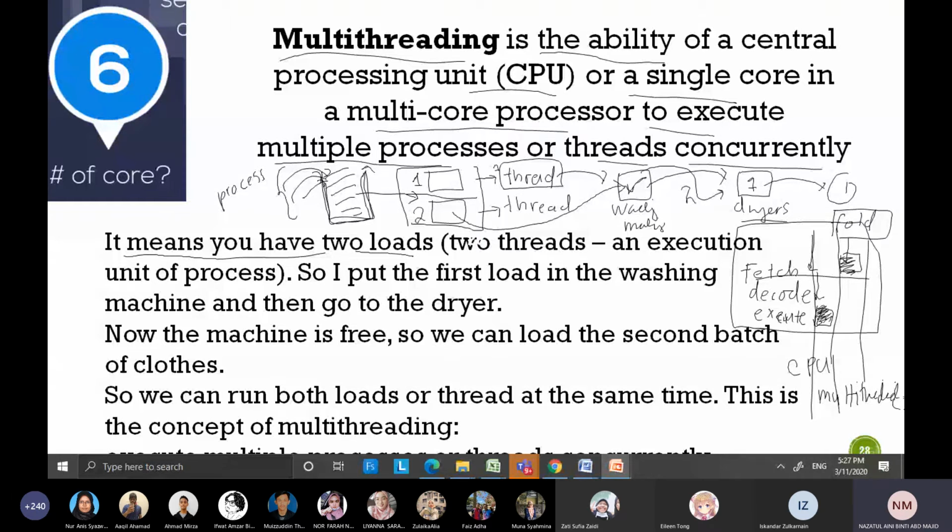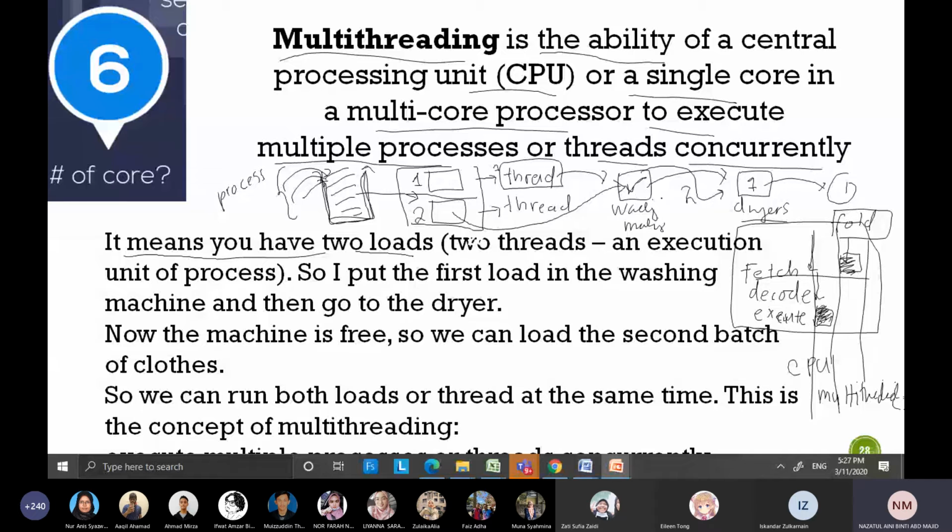Multi-threading means more than one process can be executed at the same time, but by different resources. For example, at the same time, one load of clothes is inside the washing machine, and another load is in the dryer. So after maybe 2 hours, all the loads are finished.